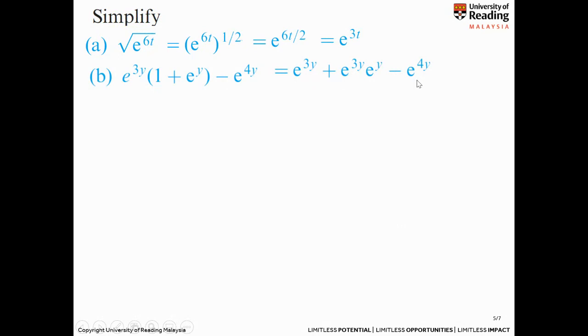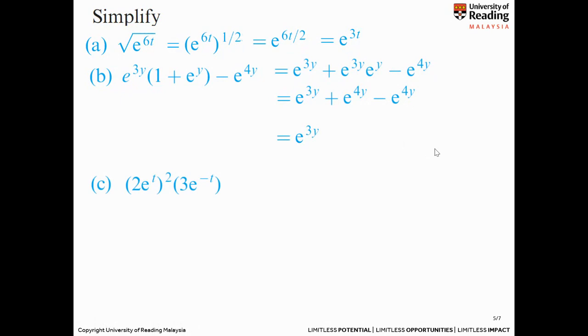Then copy the fourth term. Now you simplify using the law of indices. 3y and y add up to give e to the power 4y. Now you look at the second and last terms. They have the same indices, so they cancel. That leaves you the final answer, e to the power 3y.